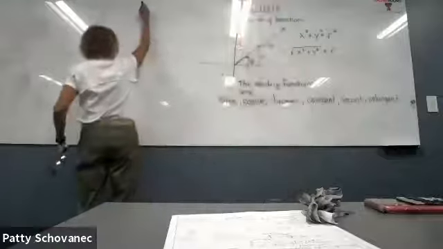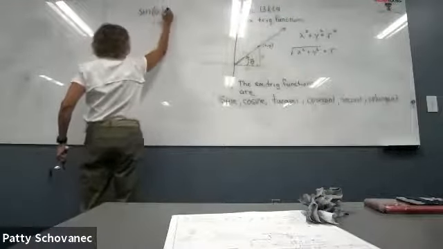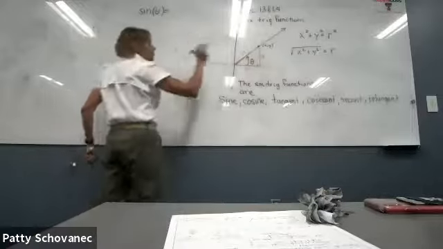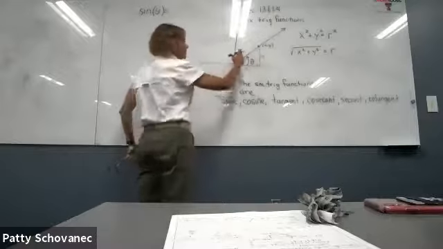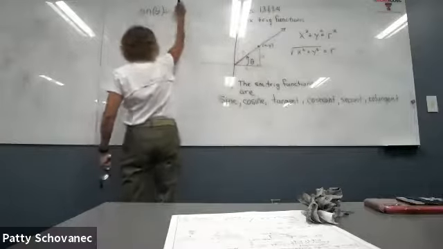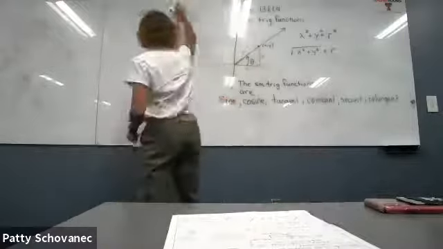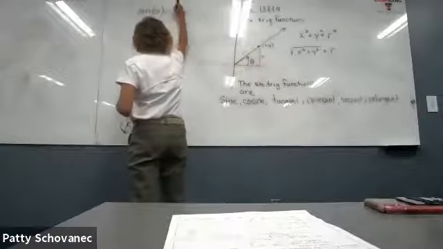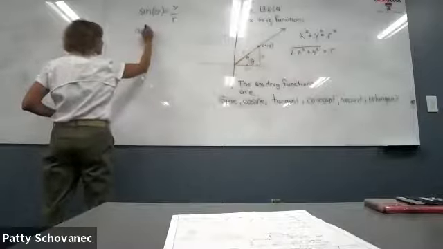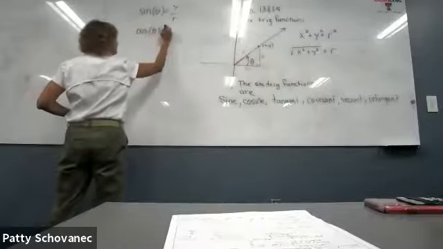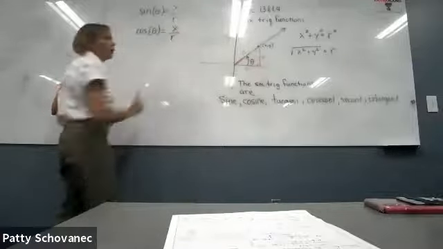We abbreviate the sine as sin, and then its input value is theta, and it's defined as the ratio between the height of this perpendicular segment divided by the number r. Y, I said. The cosine of that angle theta is defined as the width of the base, x, divided by r.